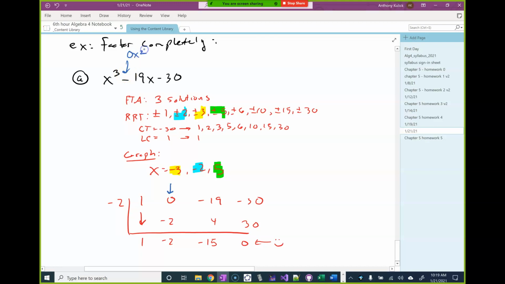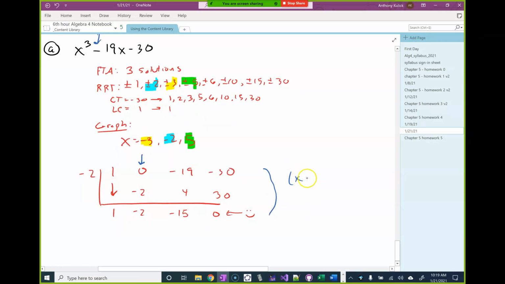Okay. And then the other factor is going to come from my synthetic division. Like that.